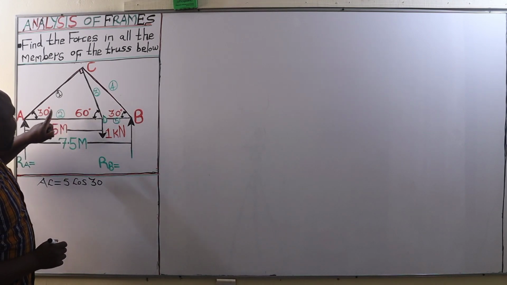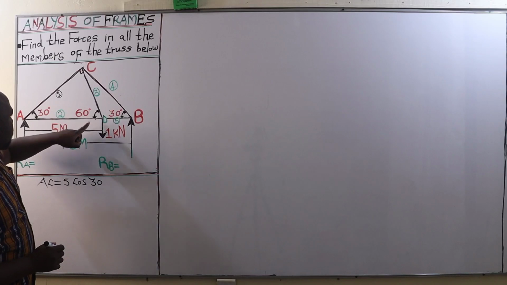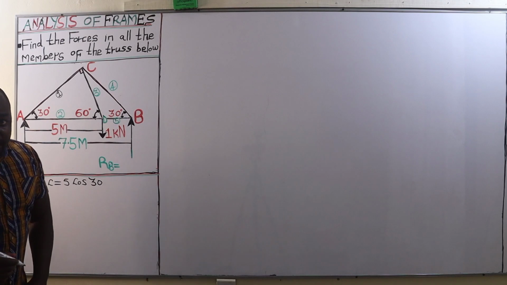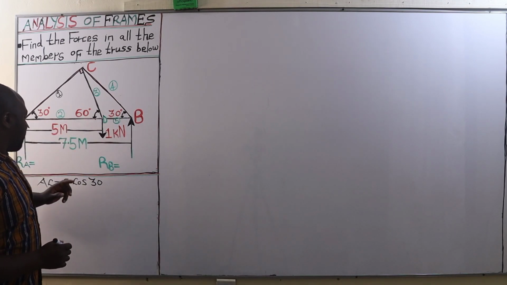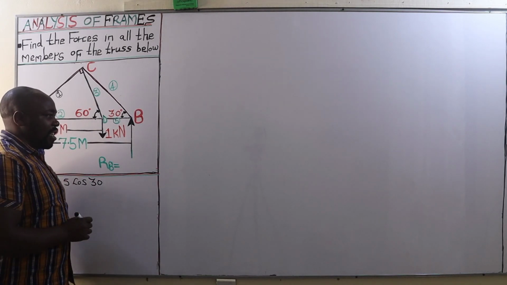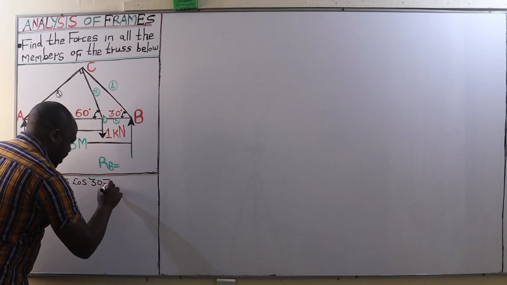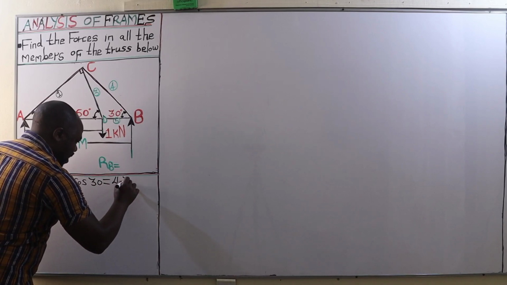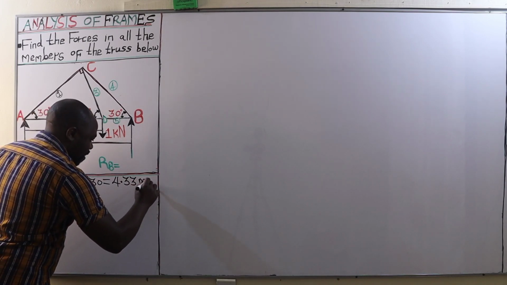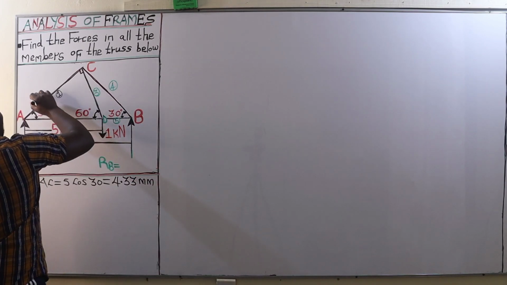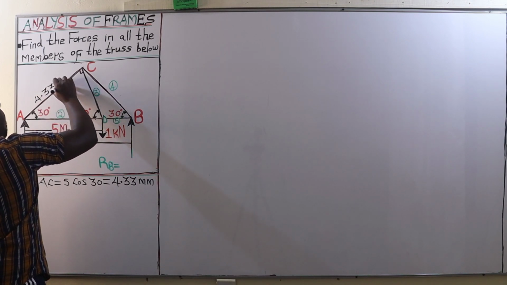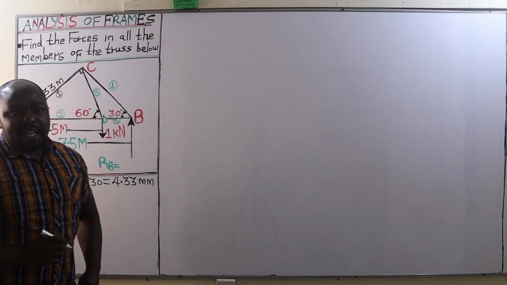In this case, adjacent is AC and hypotenuse is AD, and therefore we are going to have 5 cos 30, and 5 cos 30 is 4.33 meters. Therefore, the length of member AC is 4.33 meters. So you can write it there as 4.33 meters.